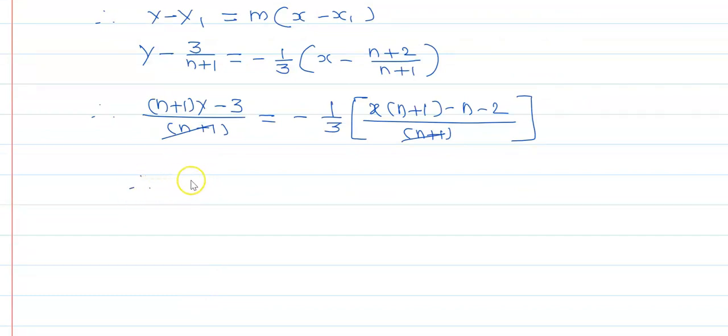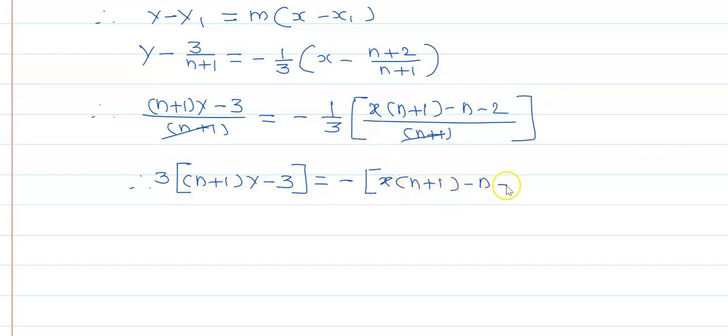Again the simplification. In bracket (n+1) into y minus 3, here into 3, minus in bracket x into (n+1) minus n minus 2.